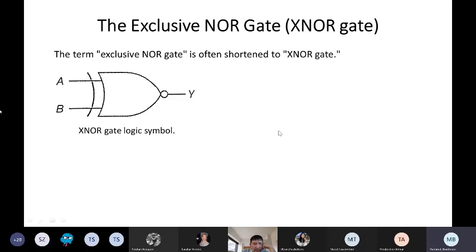Do you see it? There is an additional bubble, right? The NOR gate does not have this bubble, but the XNOR gate has this bubble. Teacher, the NOR gate has a bubble, isn't it? Like it's not OR, it's NOR, it should have one. So exclusive NOR gate.